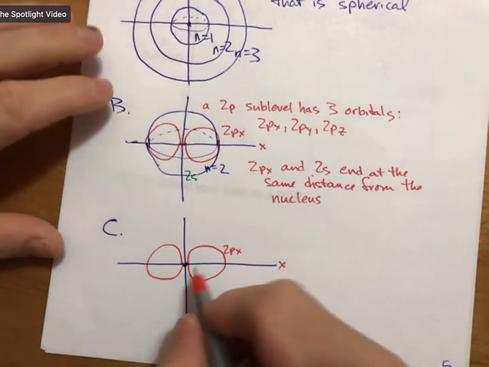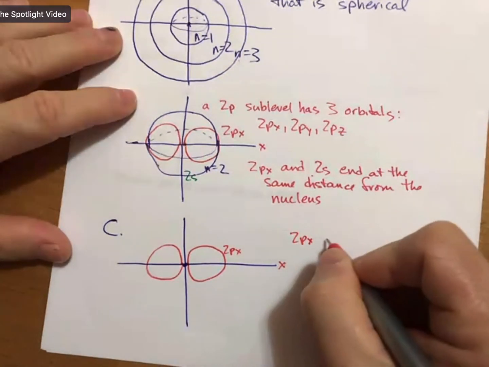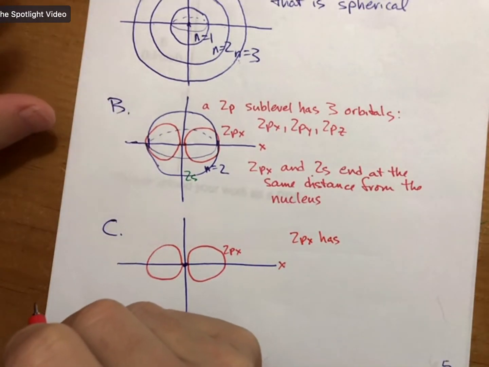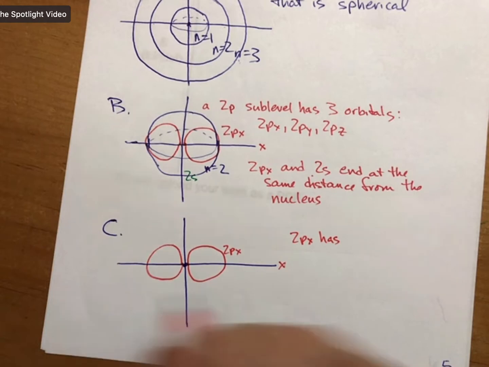So 2px has two parts or two lobes that make up one orbital.